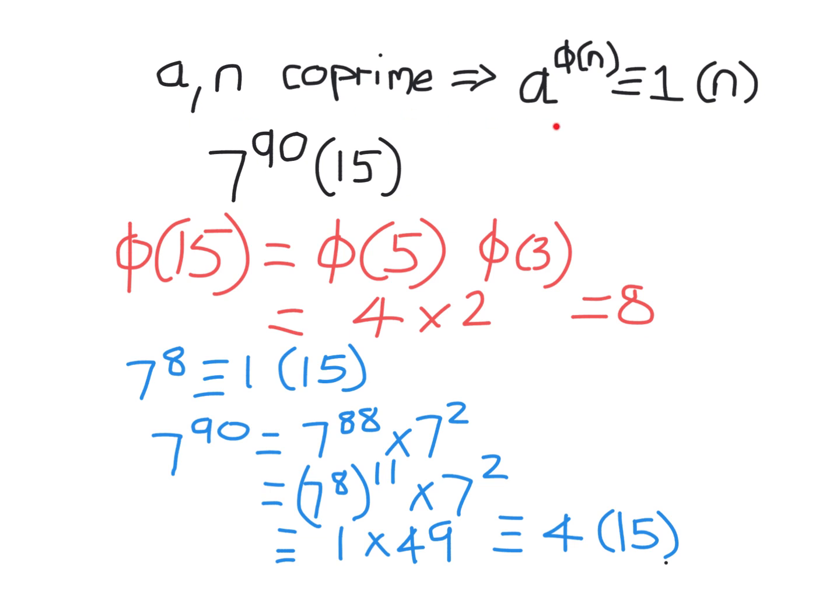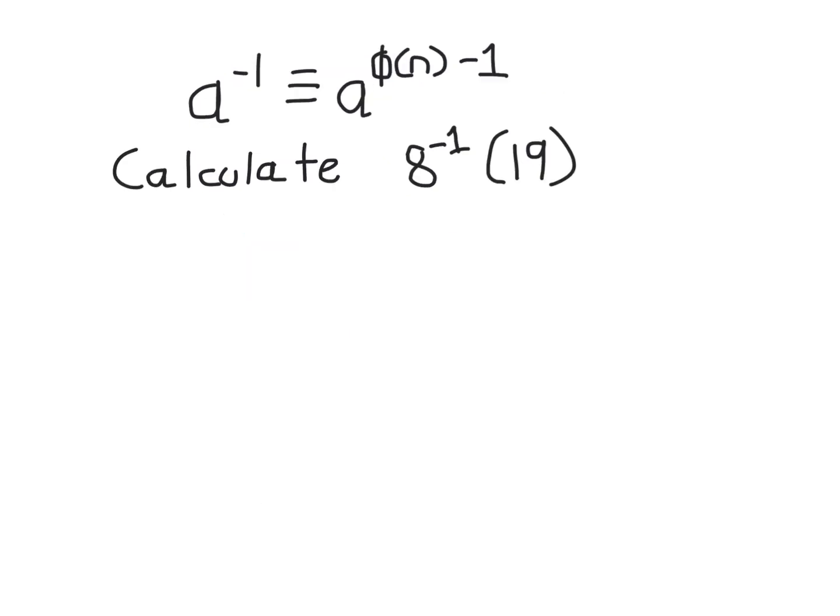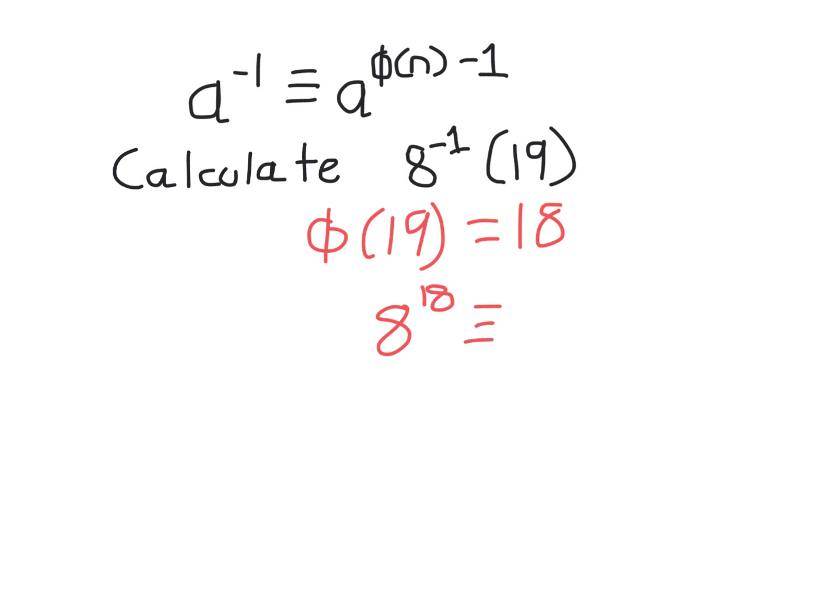This formula is also really useful at helping us calculate inverses. Because a to the phi n is equivalent to 1 mod n, we can just take 1 off the power and find the inverse. So let's look at 8 inverse modulo 19. Now we know that phi of 19 is just 18 because 19 is prime. So before we check, we know that 8 to the power of 18 is equivalent to 1 mod 19.